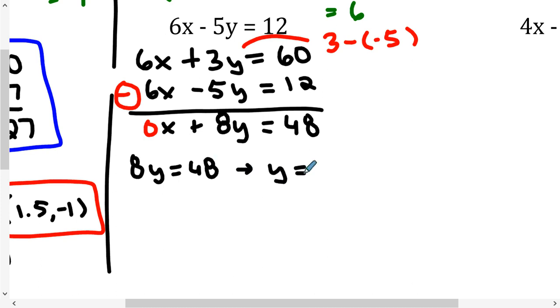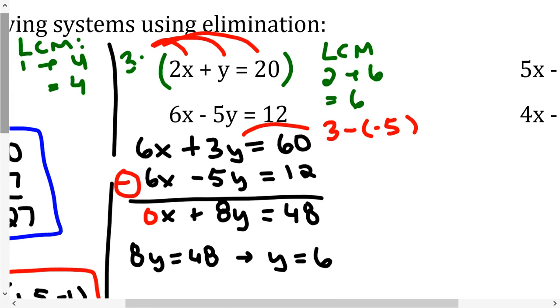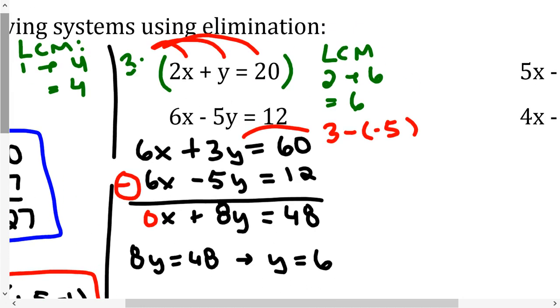When I divide both sides by 8, that tells me that y is 6. And this time I found y first. Again, it doesn't matter which variable we eliminate. We can eliminate x, we can eliminate y, whichever one you decide is easier. Here, again, it might have been easier to multiply everything by 5 right from the start to eliminate those y's. Just want to give you a bit of variation.